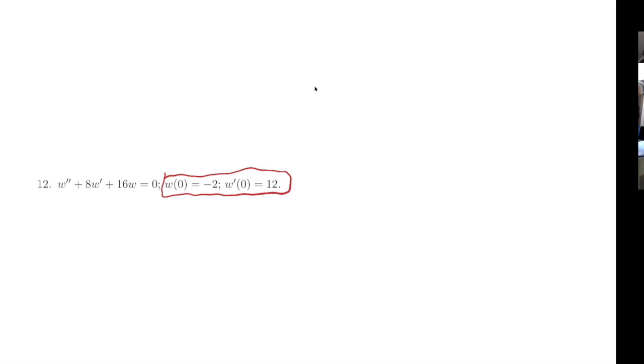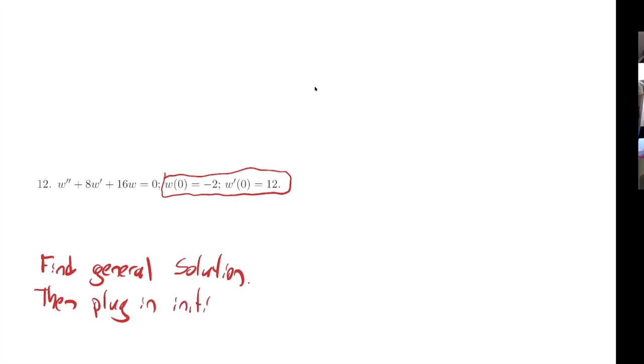When you're finding solutions to initial value problems, it's the same idea. Just in this process, there are going to be 2 constants that you need to solve for, C1 and C2. So don't worry about those initial conditions until after you've found the characteristic equation and what the general solution looks like.